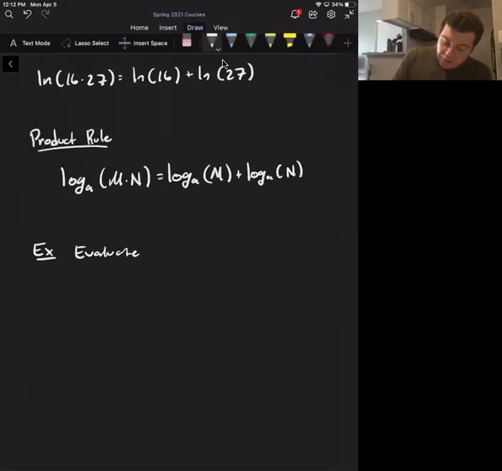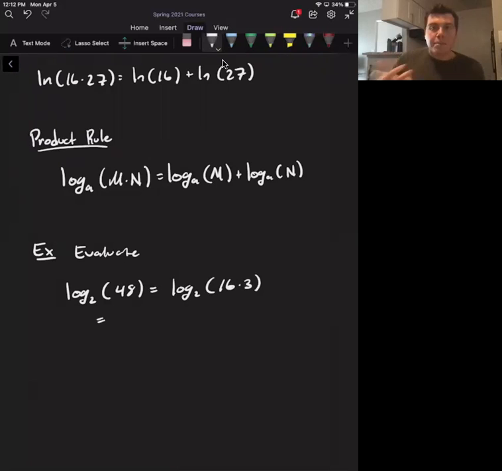Now we'll look at a couple examples. So to just evaluate, let's say we want log base 2 of, let's do 48. So that's the same as log base 2 of 16 times 3. And now we can apply our product rule. So we get log base 2 of 16 plus log base 2 of 3.